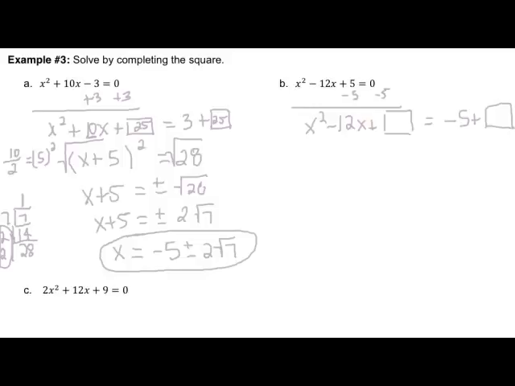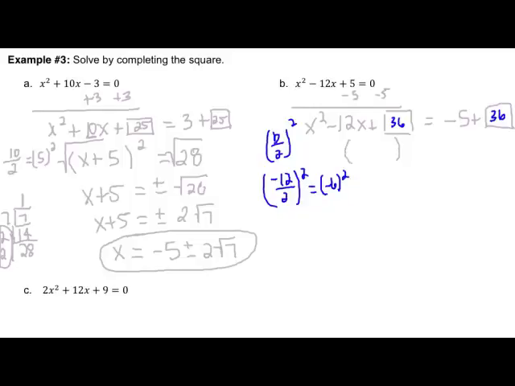Now to find out what's inside our box, again, we're going to take b over 2 quantity squared. So our b value in this case is negative 12. We divide that by 2. We get negative 6. Negative 6 squared is 36. So in our boxes, we put 36.